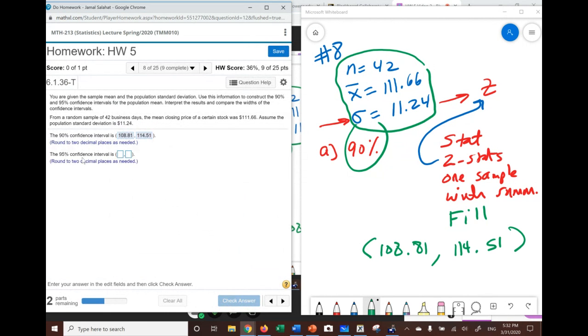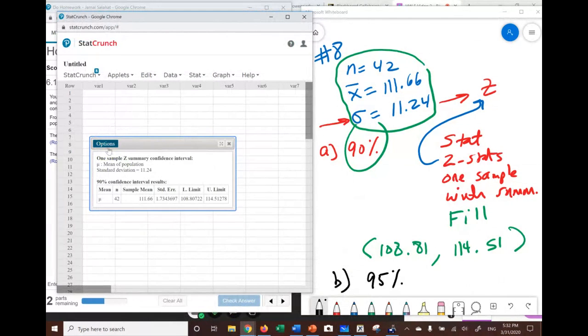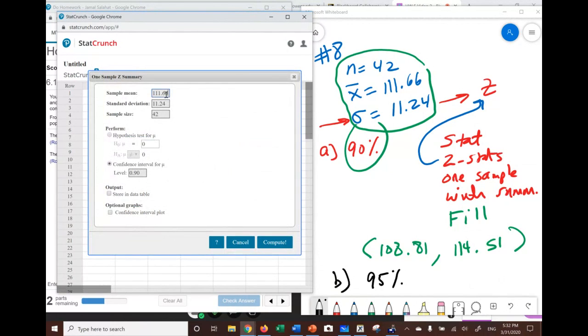Now for the second part, part B, they want us only to change the level from 90% to 95%, nothing else. Since I have this summary already in StatCrunch, let me go back to StatCrunch, click on Options, click on Edit. This information is still there.